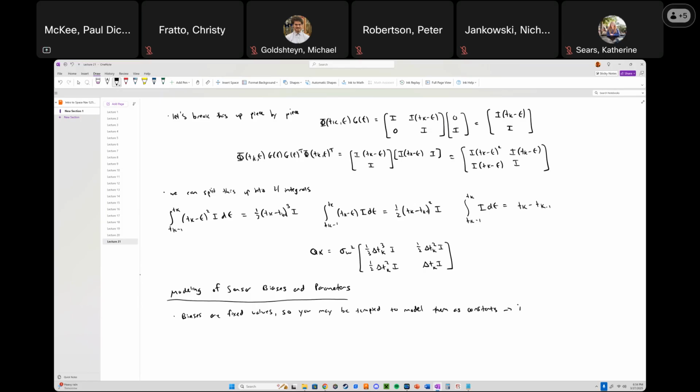Do not. So we might remember this from our discussion of inertial navigation. We model biases as Gauss-Markov processes.